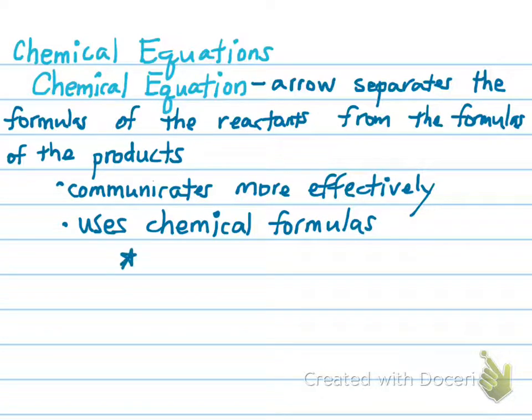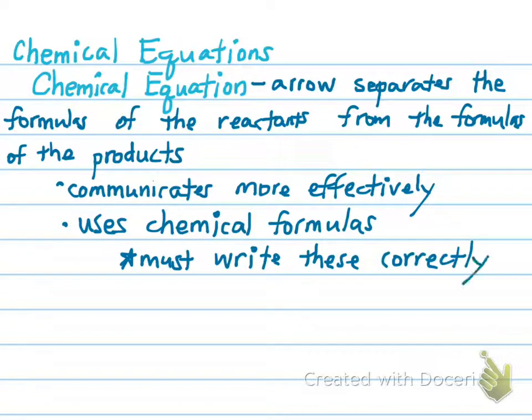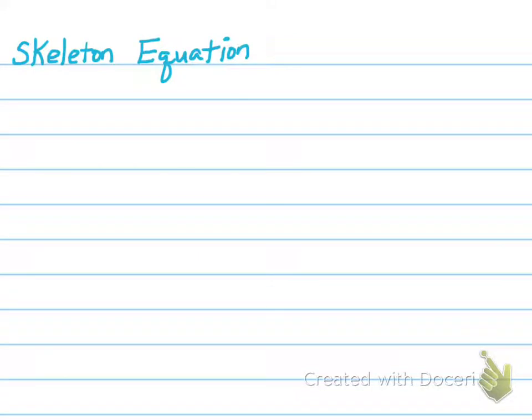What that means is that you must write these correctly, which is why in our review section we reviewed how to write the chemical formulas for molecular and ionic compounds. With our word equation, our goal is to write this balanced chemical equation. The first chemical equation we write is going to be called a skeleton equation.